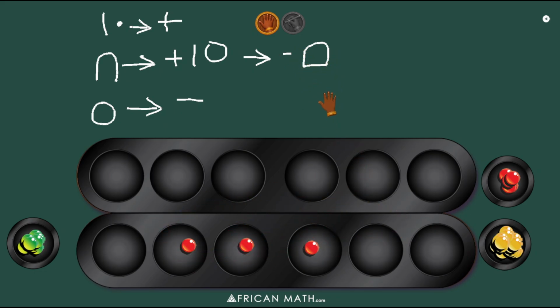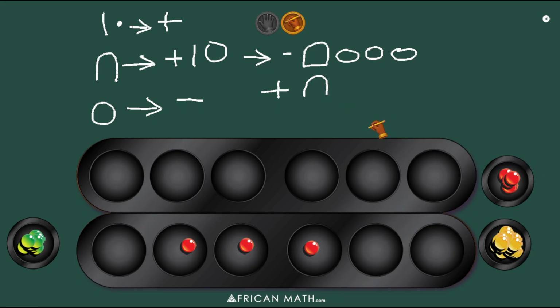So how would we do that if we had, in this case, we're going to turn this negative 10 into negative 3, but we're going to add it to 10.